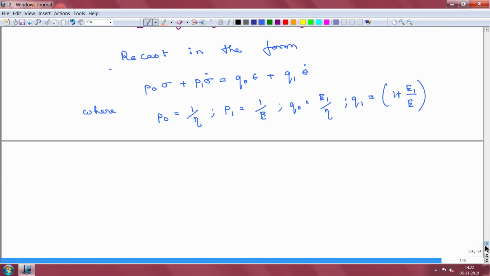Okay. So, for both the Maxwell model and the Kelvin model, we had discussed jump conditions, and I had gone through details of how the jump conditions are to be found. In this particular case, I am not going to go through the same thing again. I am going to leave this as homework for you. So, the jump condition in this particular case, you can find it by yourself.